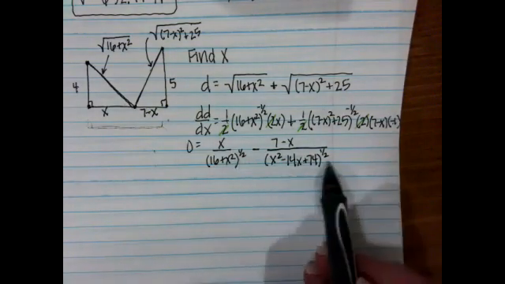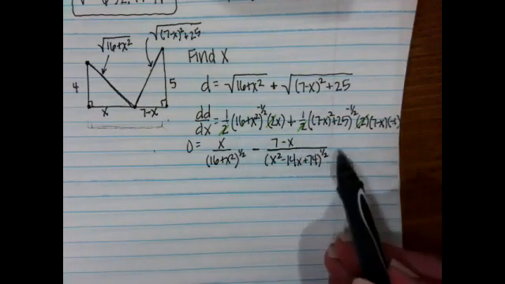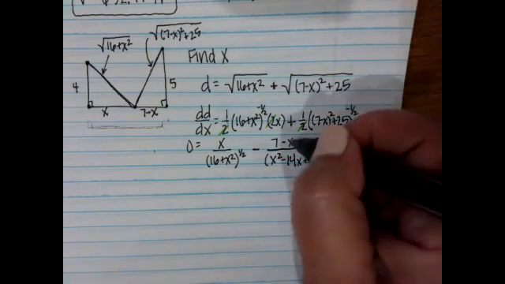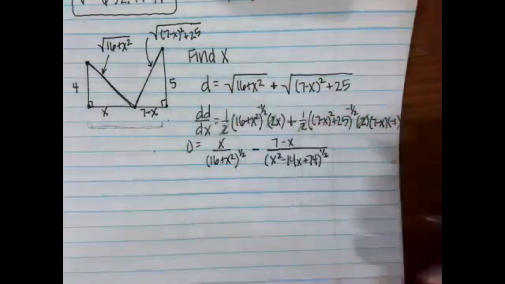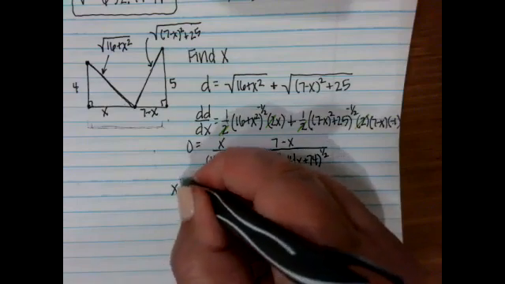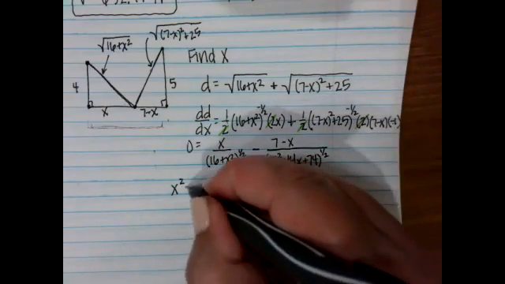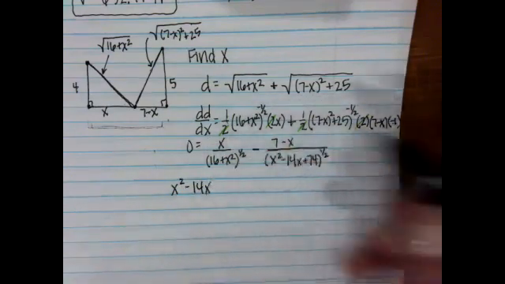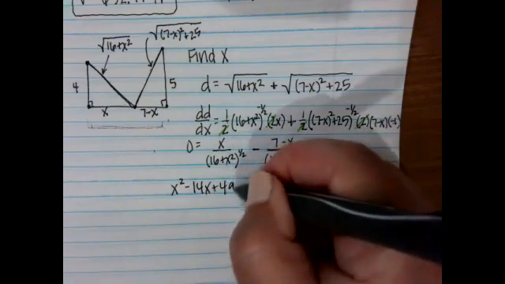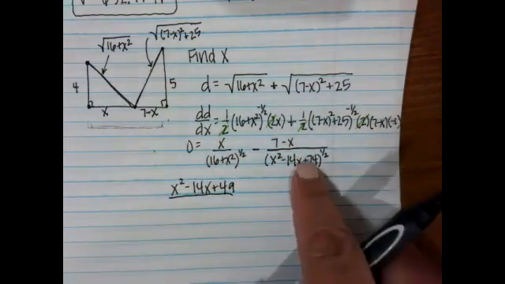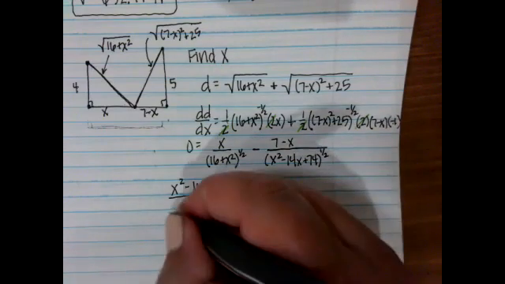And to get rid of the 1/2 power, I'm going to square everything. So I'm going to bring this 7 minus x over here, and I'm going to square it. So that would be x squared minus 14x plus 49. And then I'm going to square this, which really just gets rid of that 1/2 power.